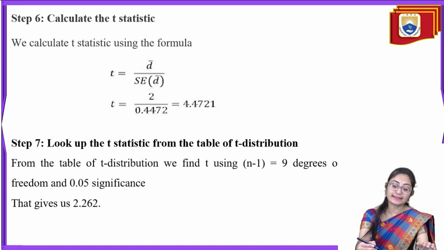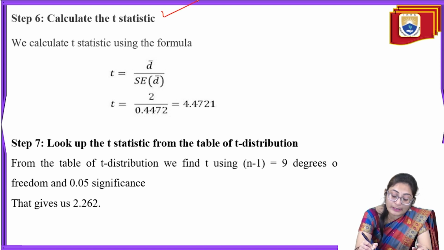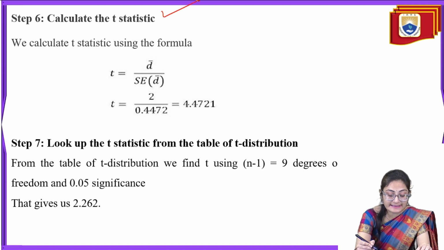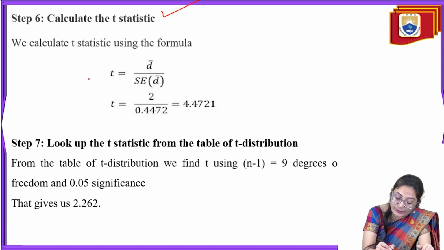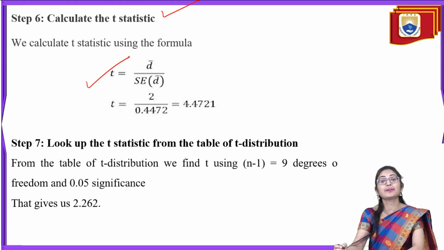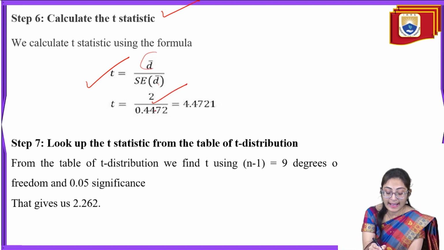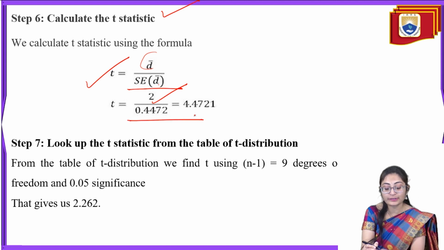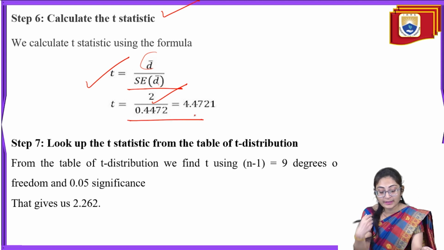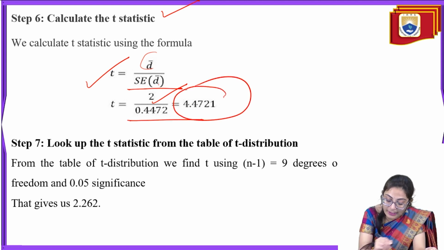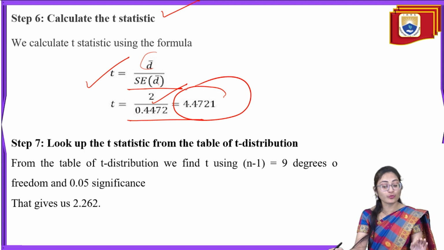Now step 6, you have to calculate the t statistic using the formula t is equal to d bar upon SE of d bar. The d bar value is 2 and SE of d bar is 0.4472. After dividing this, you will get the value 4.4721.